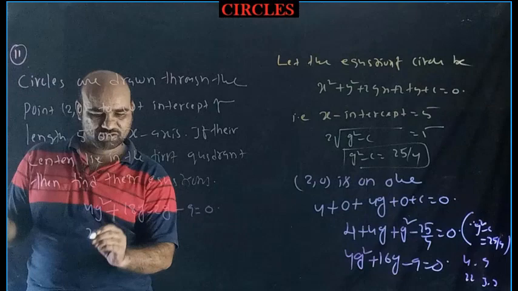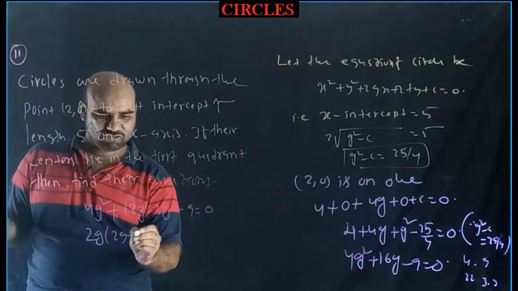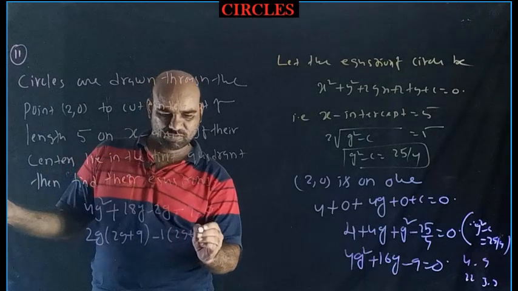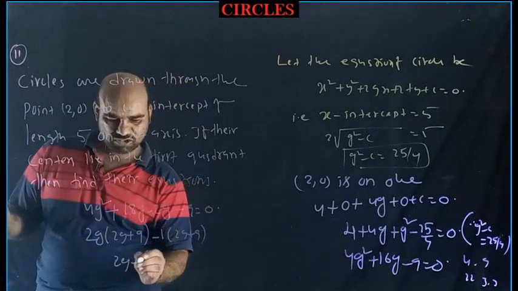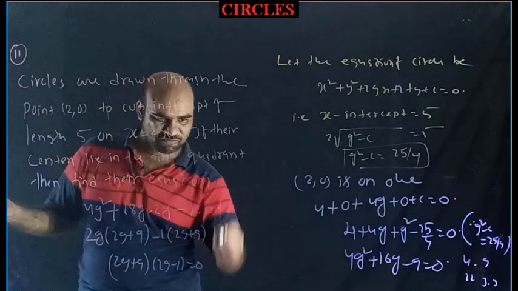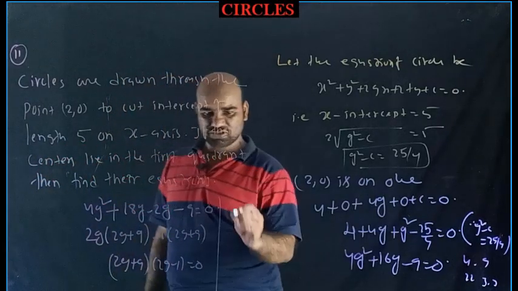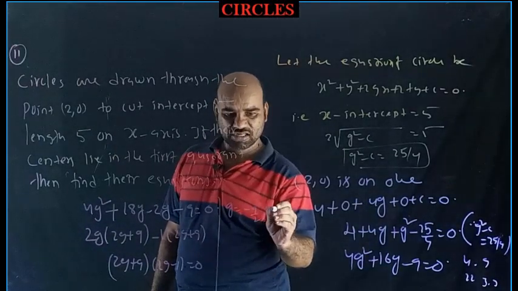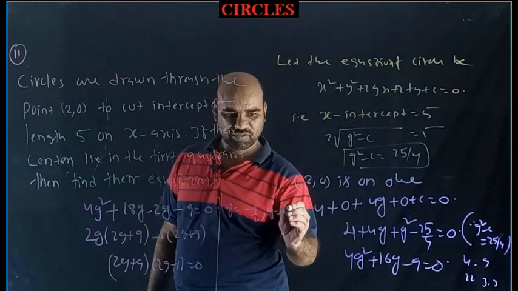And here I take 2g common, and minus 1 common. So (2g plus 9) into (2g minus 1) equal to 0. We are getting 2 values of g: g is equal to minus 9 by 2 and g is equal to 1 by 2.